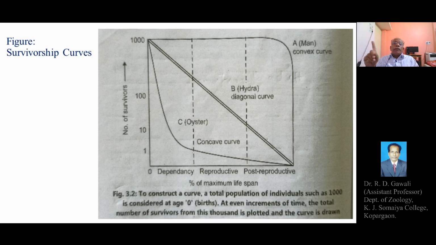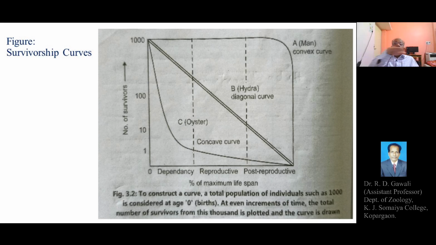In the case of man, we can split the total lifespan of about 75 years into three steps: dependency, 0 to 25; then 26 to 50, reproductive or adult; and 51 to 75, post-reproductive.